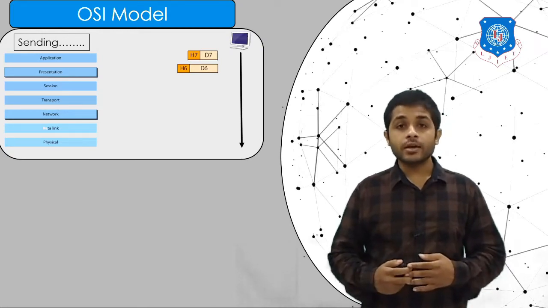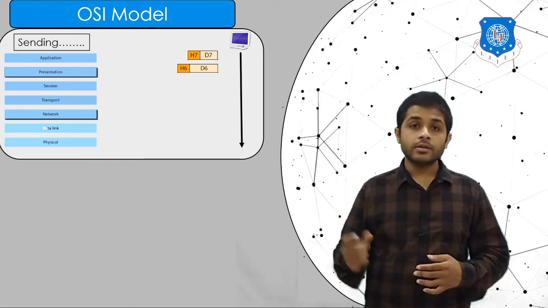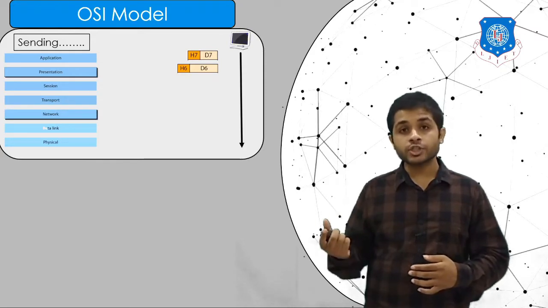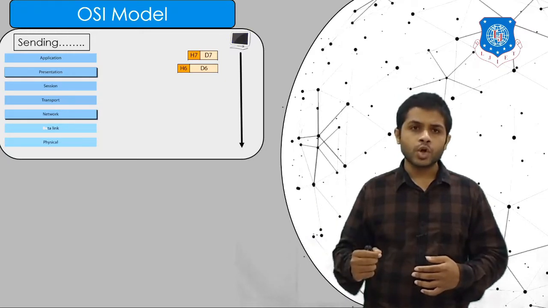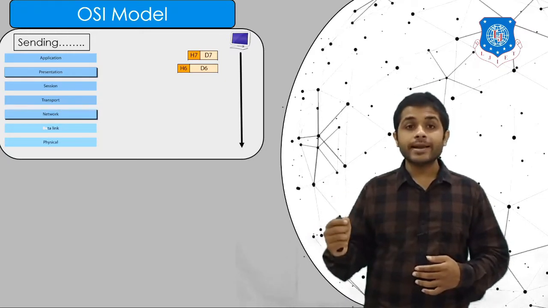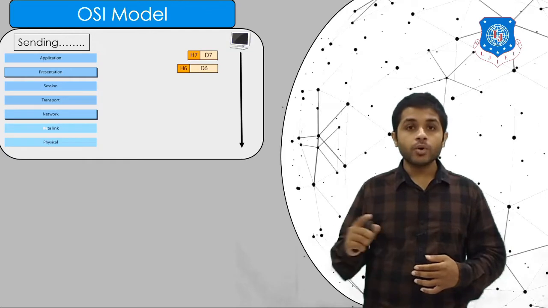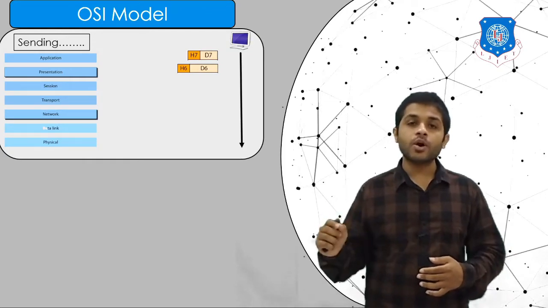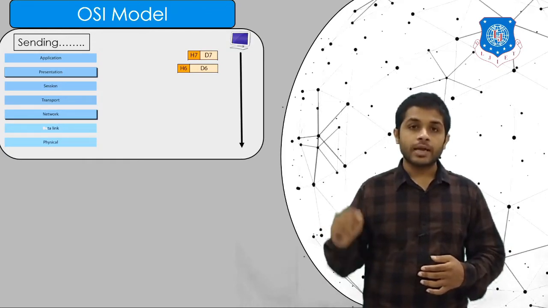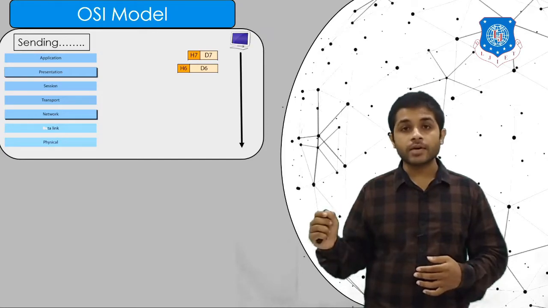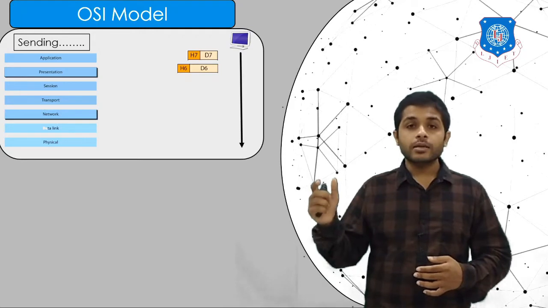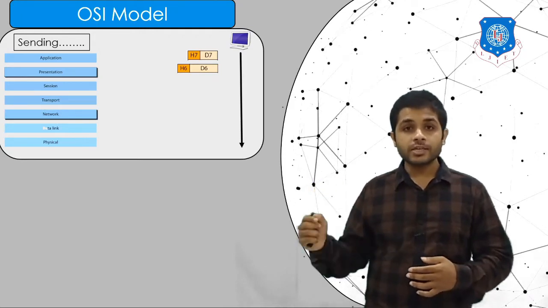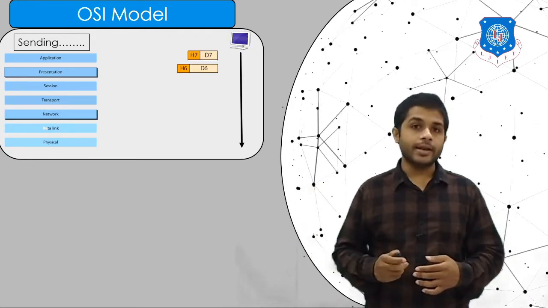Each and every layer will add a header and it contains some extra information which can be understood by that particular layer only. So when H7 is added by the application layer, no other layer can understand the meaning of that H7. After that, H7 and D7 will combine and become D6, and at the presentation layer, H6 will be added.